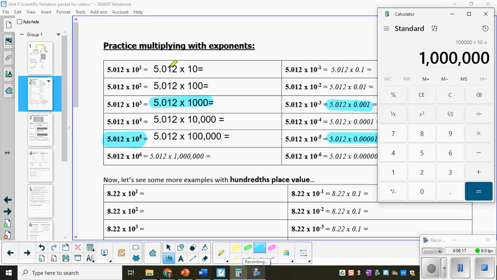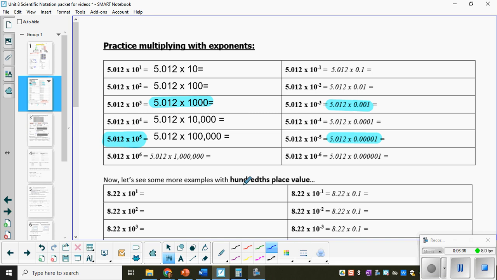If I do 5.012 times 10, like I said, this is supposed to feel like torture. This is supposed to be awful. Sorry, let me get this in the calculator. 5.012 times 10 to the first power is 50.12. So the answer to the first one here is 50.12.